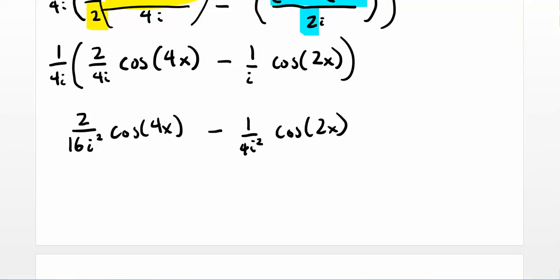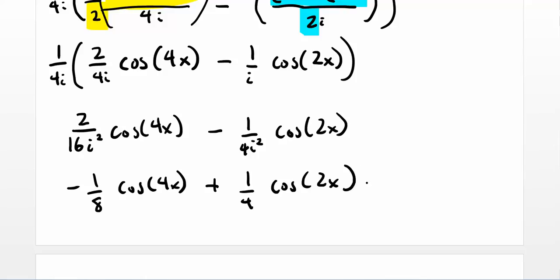And again, remember that i squared is negative 1, so this becomes negative 1 over 8 cosine of 4x, minus, or plus, because the i squared is negative 1, 1 over 4 cosine of 2x plus C.